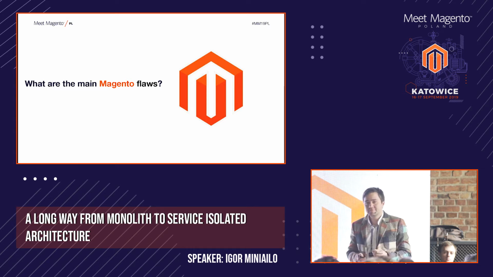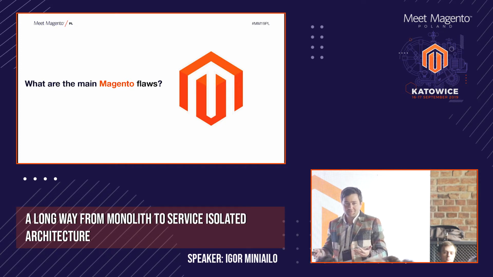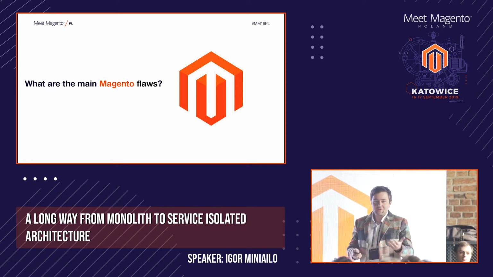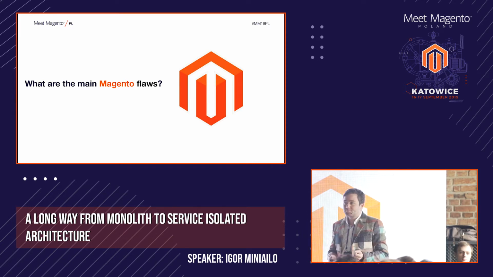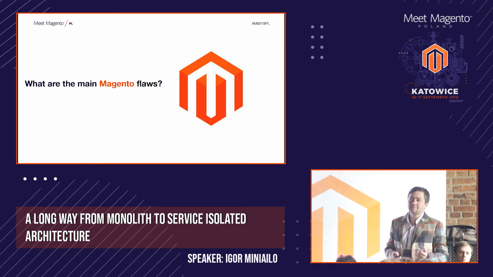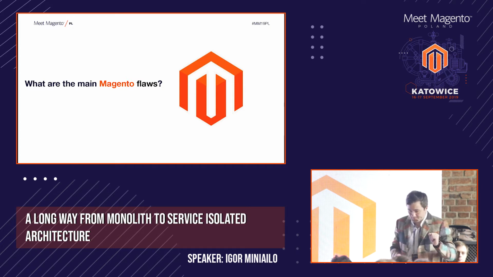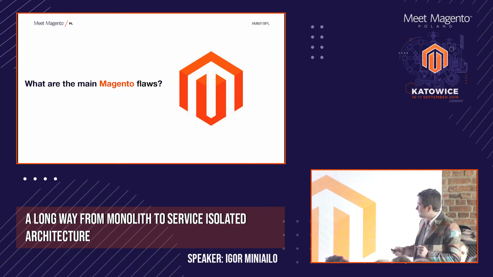Front end. XML, actually, it's not a problem. It's one of the benefits, an advantage of Magento, because with XML comes the extensibility of Magento. Is there anything else? Performance, yeah, performance. Scalability. So, this is good enough.